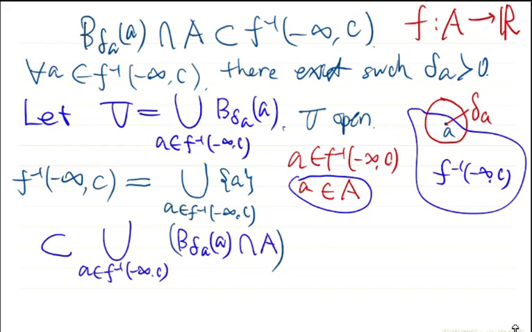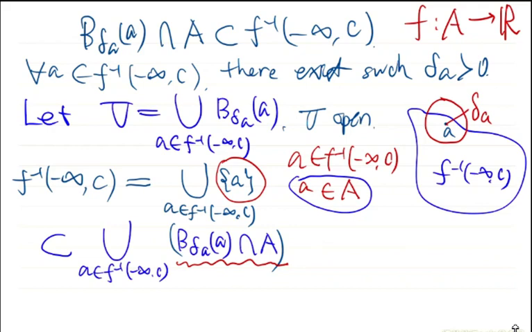For every a, the single point set is a subset of the intersection of this delta a neighborhood of a and the set A. So the union also is a subset of the union on the right hand side.